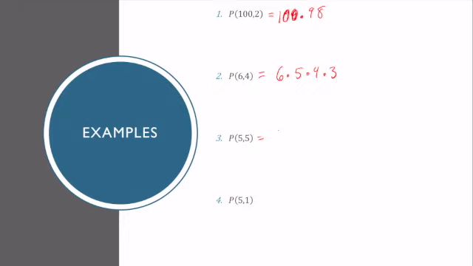I want to arrange 5 objects 5 ways. I'm going to do 5, 4, 3, 2, 1. So the answer really is 5 factorial. If I have P of 5 choose 1, one item chosen out of 5, I have 5 ways that I can do that.